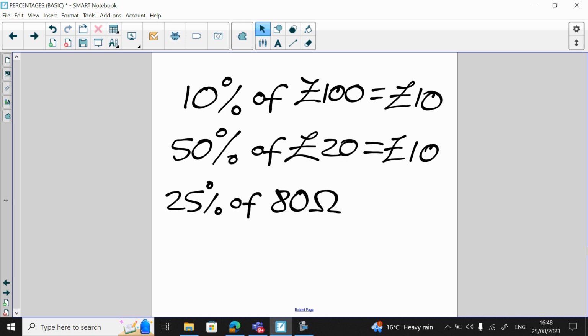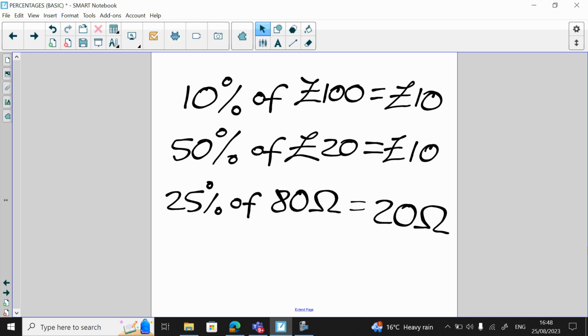A lot of you are thinking, well, 25% is half of 50%. So why don't we half it and half it again and get 20 of those ohms? Some of you were fine with that, others were not, getting a little bit confused.